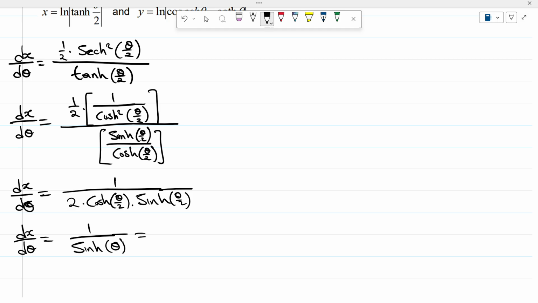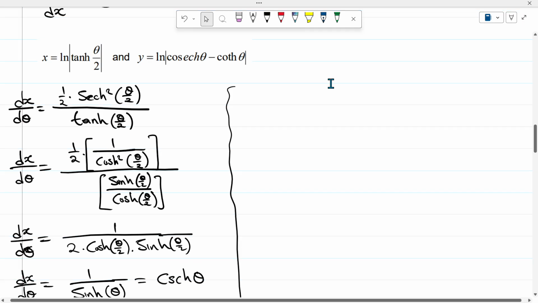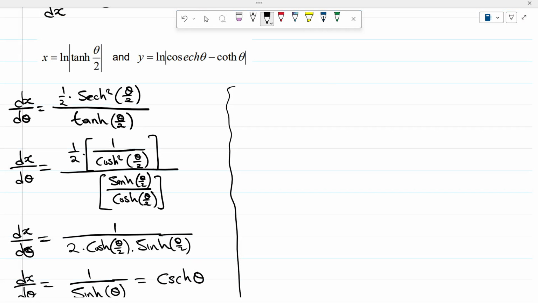And then we can just write the reciprocal of this, which is just going to be hyperbolic cosec of theta. Of course, we should also find dy d theta, right? So my dy d theta will be simple as well.